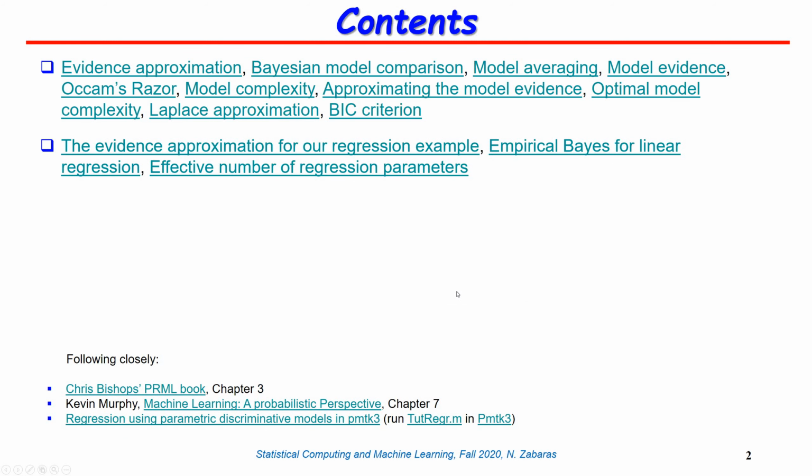We will discuss calculation of the marginal likelihood, and then try to maximize the marginal likelihood with respect to the hyperparameters in the prior, and in the process we will see some geometric interpretation and discuss how the model is able to learn an effective number of regression parameters for a given data set.